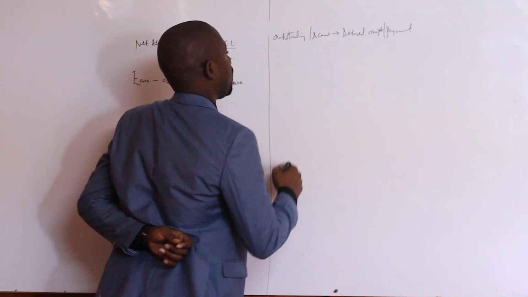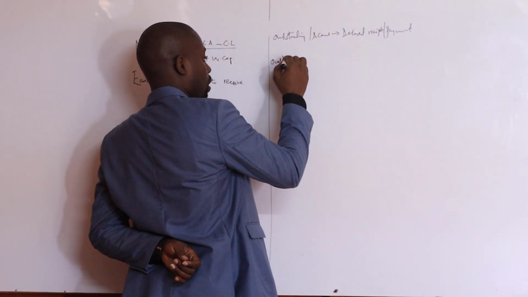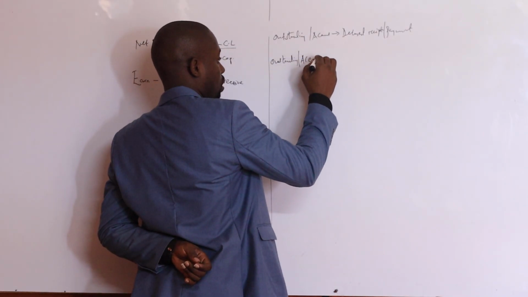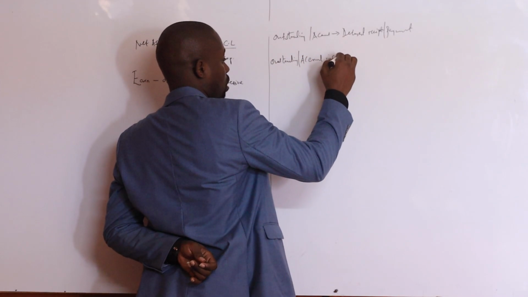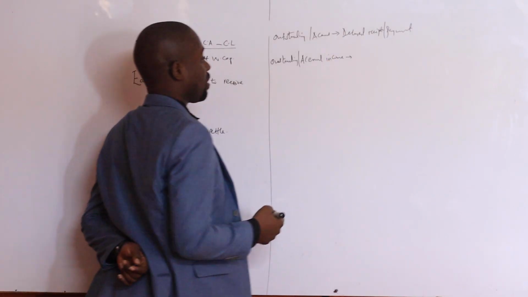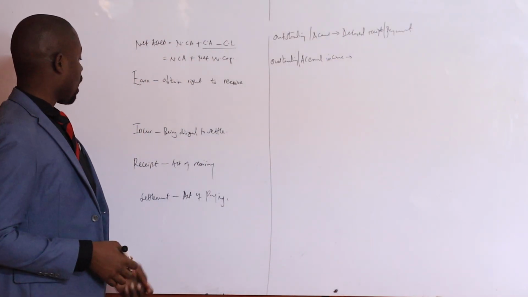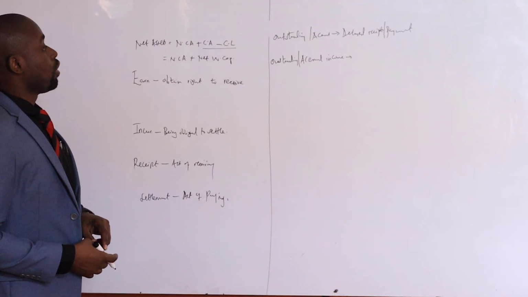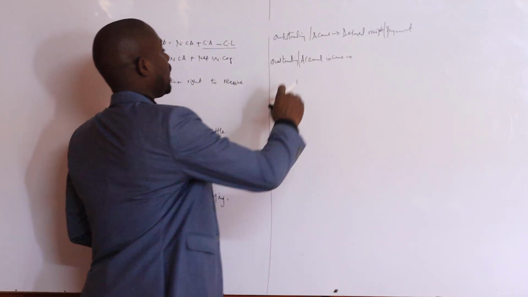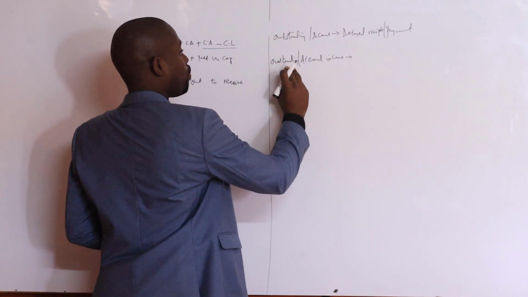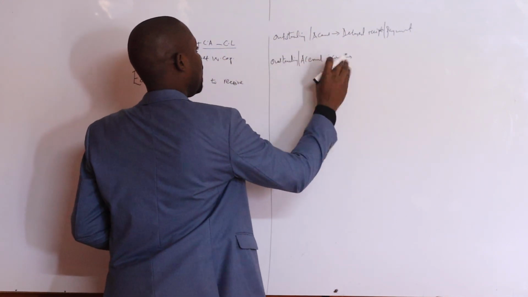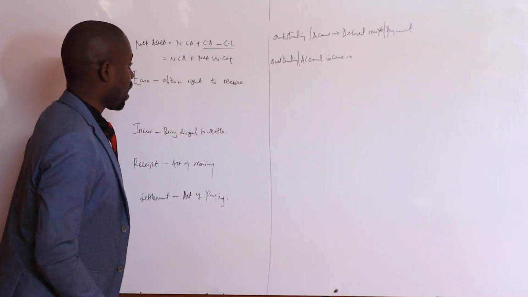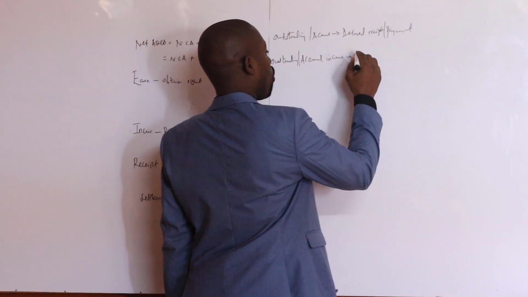We have what you call outstanding or accrued income. What is it? This is income. We said incomes are for earning, expenses are for incurring. So we have an income we have earned, but the receipt has delayed. We have a right to receive. Because we have a right to receive, it's a receivable.